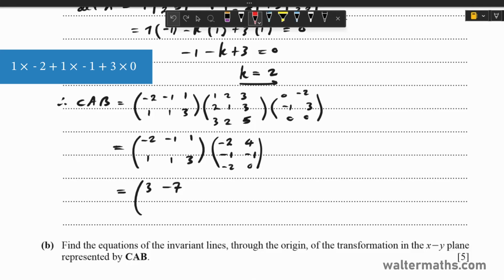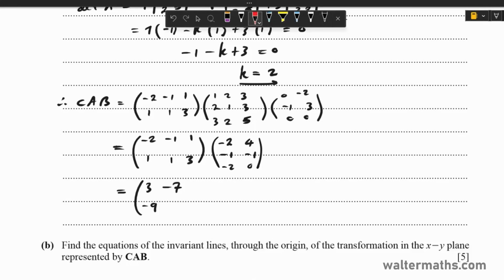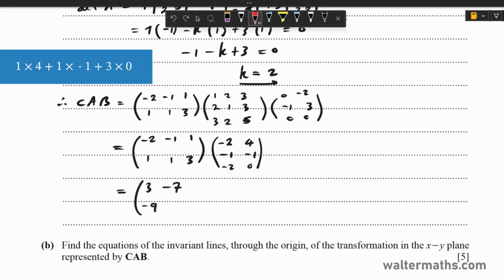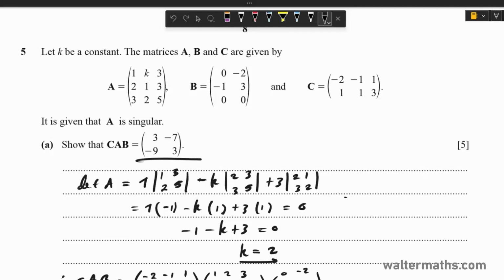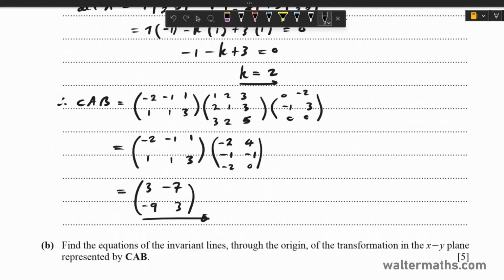So minus 2 minus 1 minus 6 is minus 9. Lastly, this row by this column, and when we do, we get 4 minus 1 plus 0, which is just 3. This is what we're getting. And 3, minus 7, minus 9, 3 is the same here. So we have done it. So I'll say here, shown, like this. Let's move on to part B.